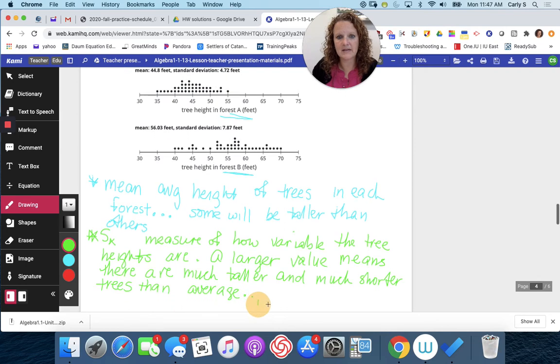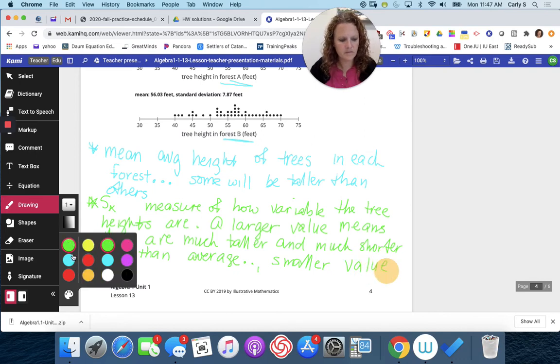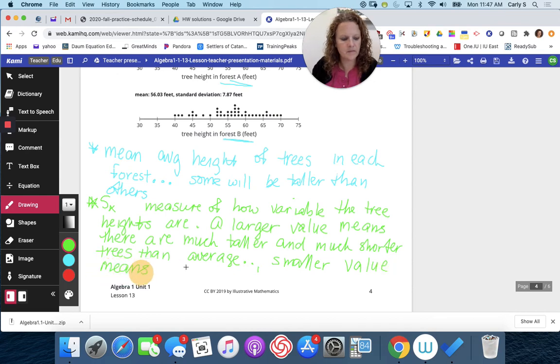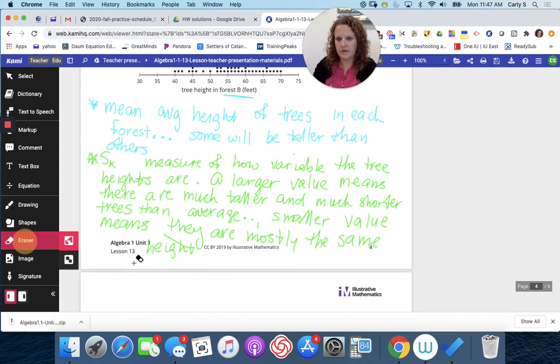Which means that a smaller value means they are mostly the same height.